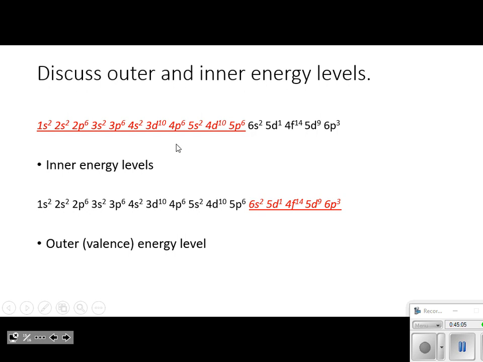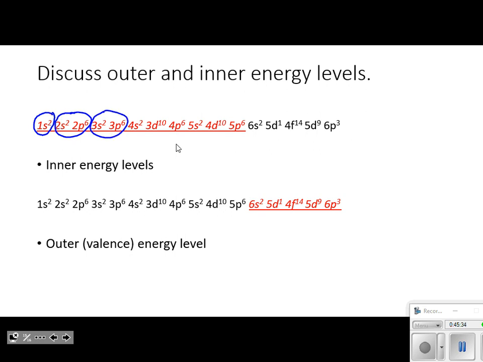Notice that all of these noble gases, other than helium, are going to end in p6. So other than the first energy level, here's the first energy level, it ends in s2. But all the other ones are going to end where there's a p6.